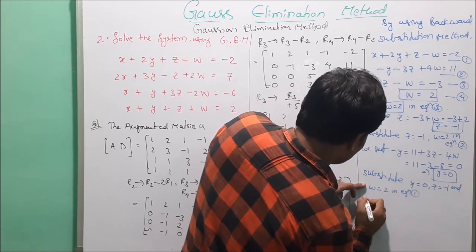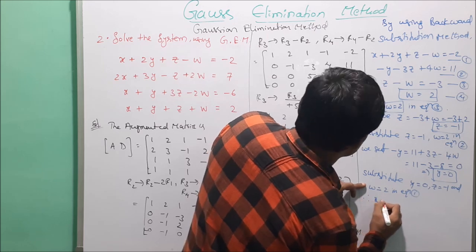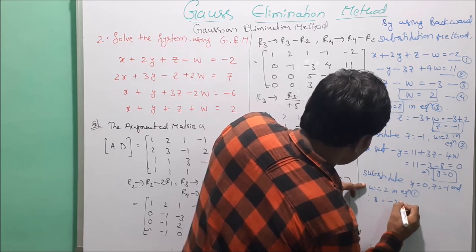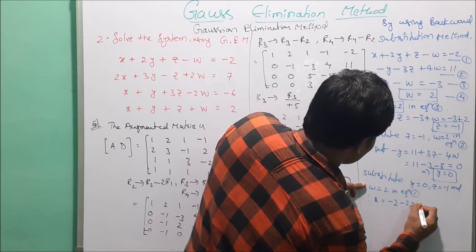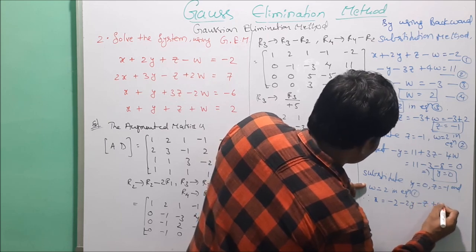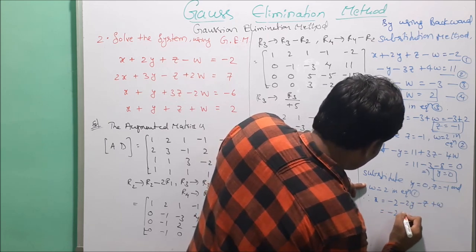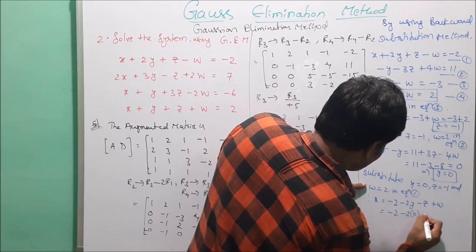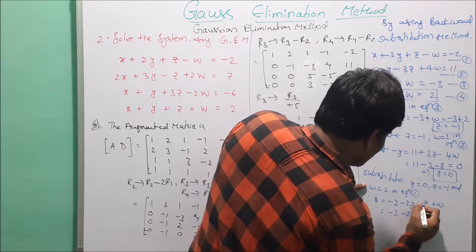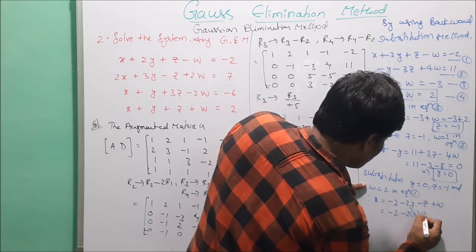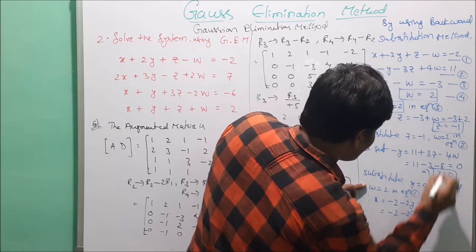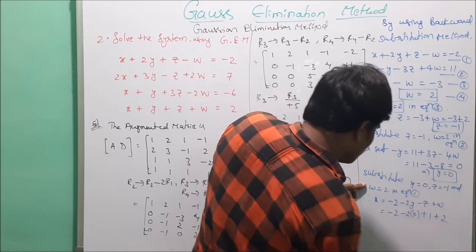Therefore, x equals minus 2 minus 2y minus z plus w. So minus 2 into the y value 0, minus z. The z value is minus 1, so minus z is plus 1. W is 2, so plus 2.